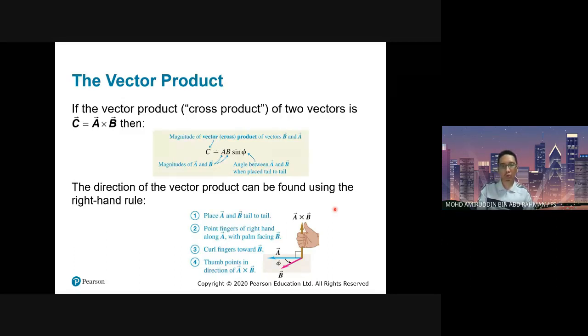So how do you know when it is going downward? Now you know it's going upward.